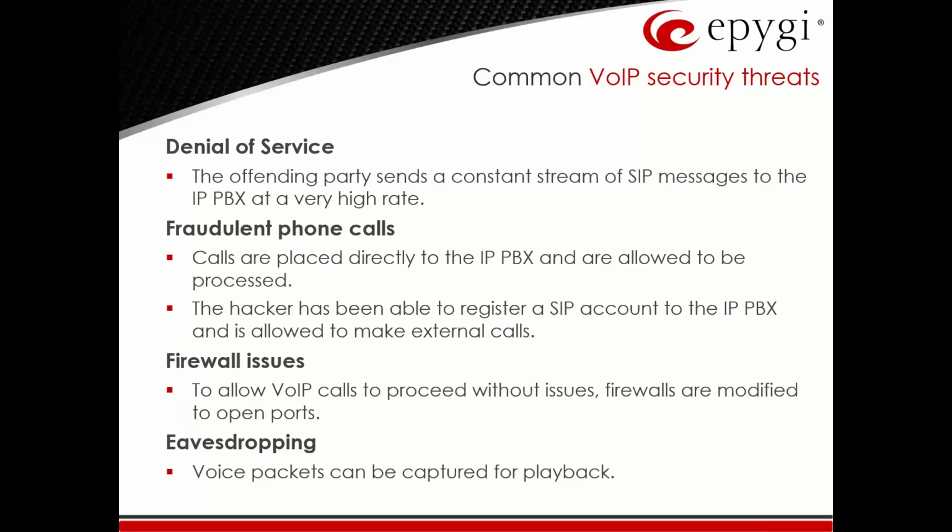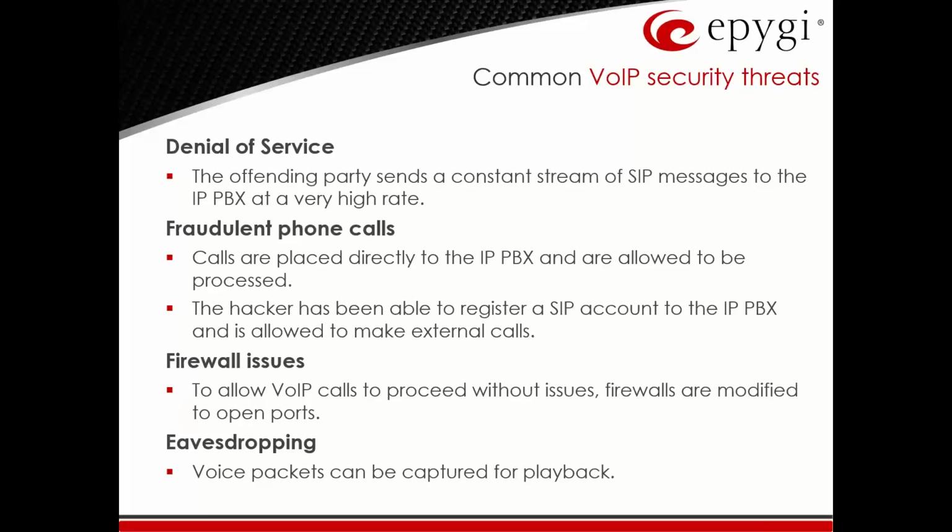Another threat is just being able to make fraudulent phone calls. Calls are placed directly to the PBX and are allowed to be processed. The reason for that may be that a call routing entry wasn't secured properly, so the system is very capable of tandeming phone calls.